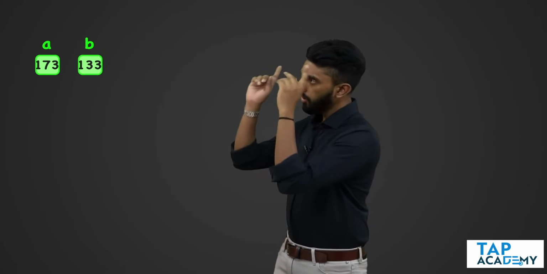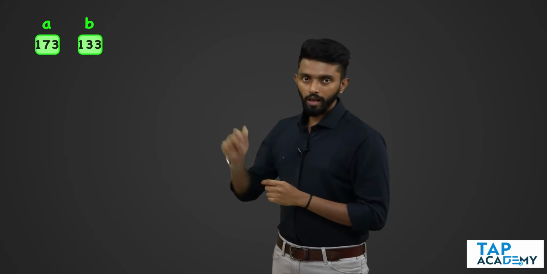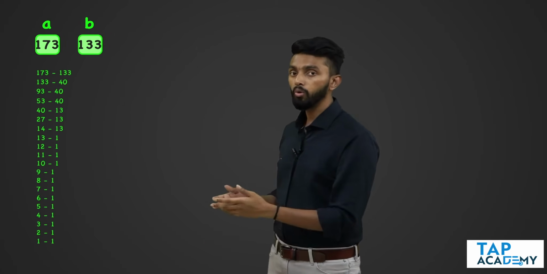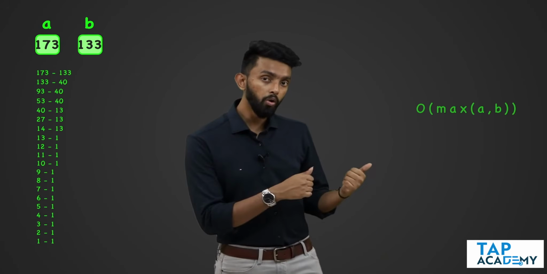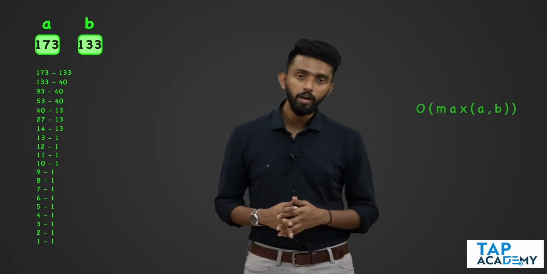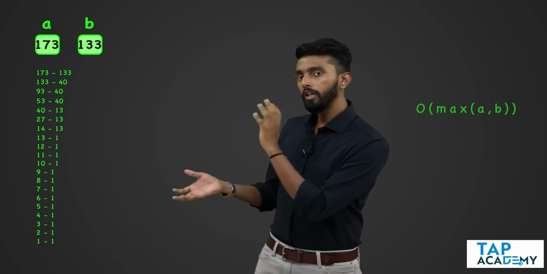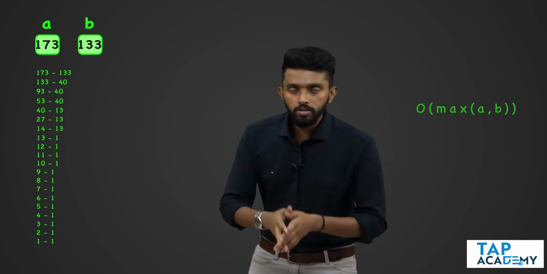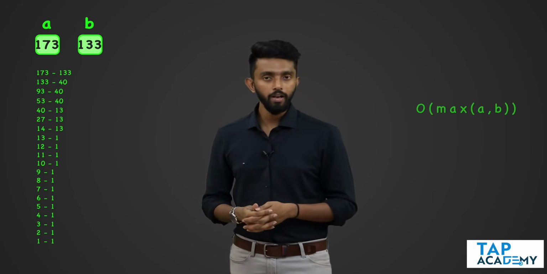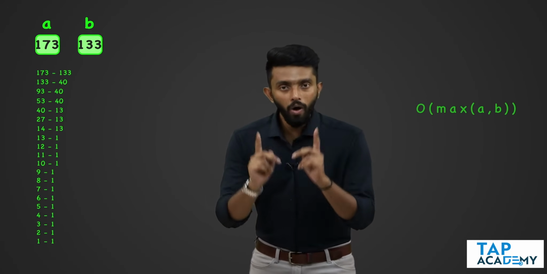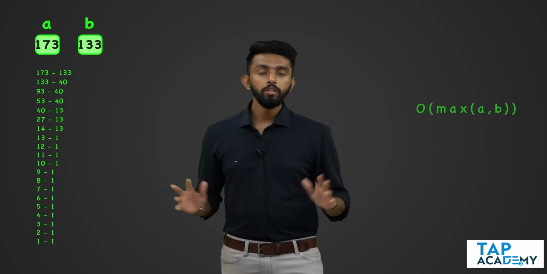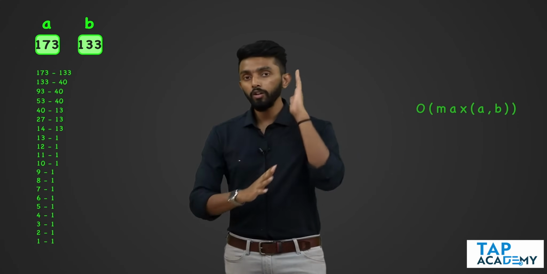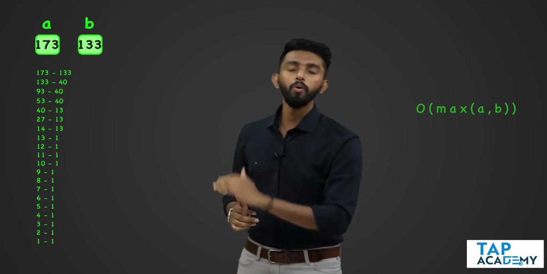If I use Euclid's algorithm to calculate, the number of subtractions will increase, and you know it is to the tune of big O of max of A comma B. Now, he wanted to make it even more optimized. So he studied Euclid's algorithm closely, and he realized that if he changes one operation, the time complexity is going to reduce significantly and it is going to become much more efficient.